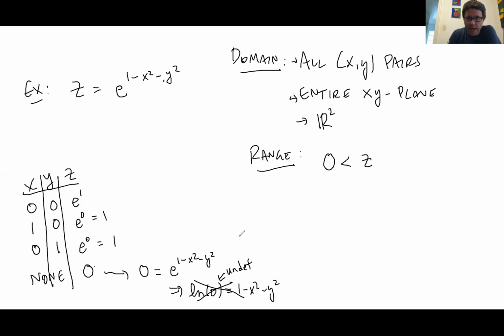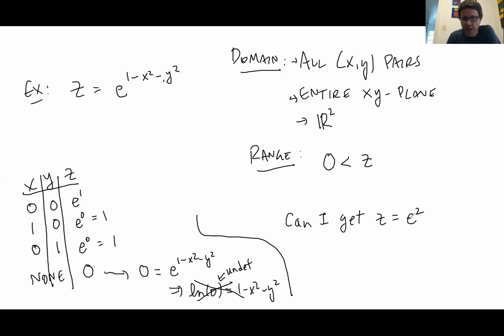Now, what about on the high end? Can I pick a value up here? Can I get z equal to e squared, for example?